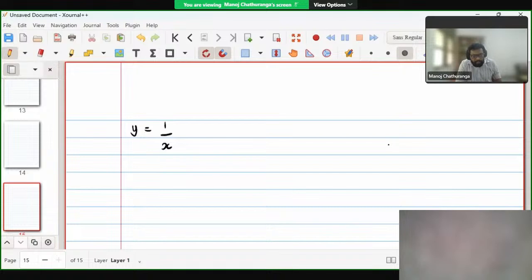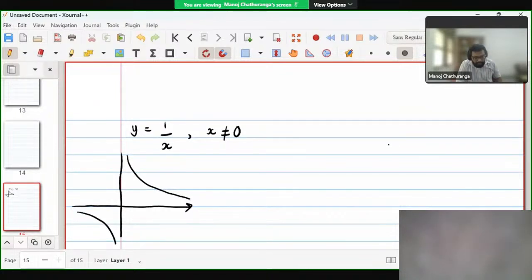1 over x. The domain of this function is every real number except 0. So for the graph of this function, we have an infinite discontinuity at x equals 0. x equals 0 means the y-axis. So the y-axis is a vertical asymptote.